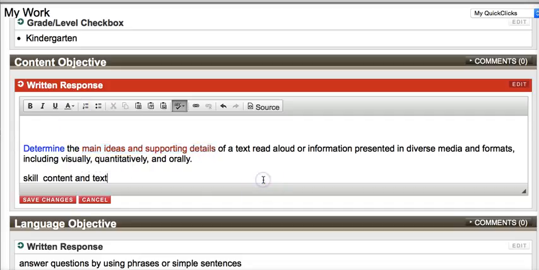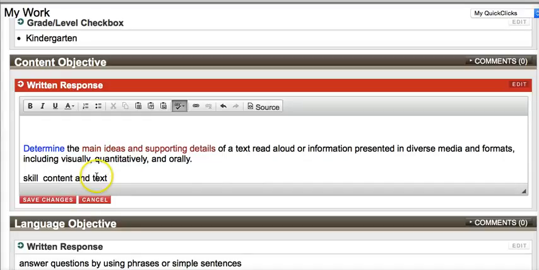The reason I extrapolate these out as the skill and content is students are going to determine main ideas in every single subject matter that they have. Students are going to determine supporting details in every single subject matter that they're going to experience in their K-12 environment. And they're going to determine main ideas and supporting details throughout their entire life.